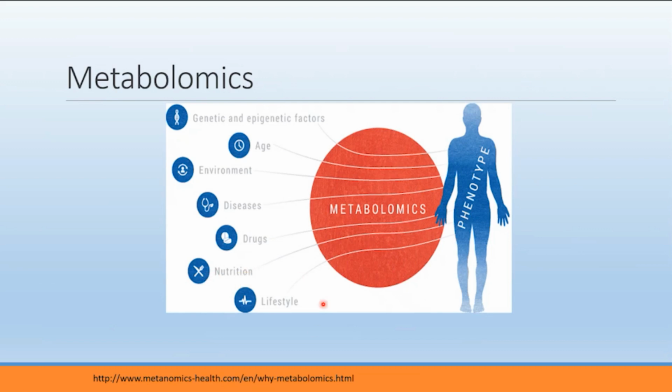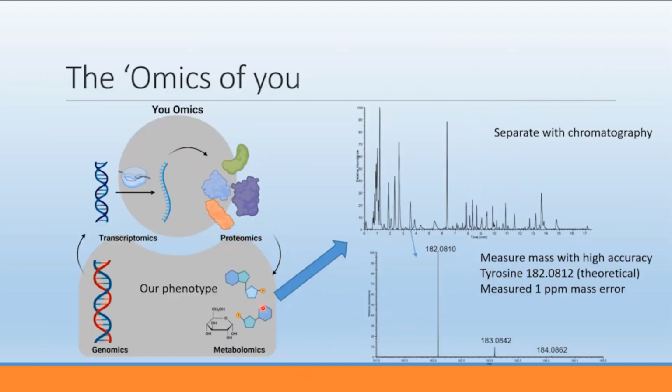And then exercise induced changes or sleep lifestyle, all those factors will affect what kind of metabolites you might measure, as well as when you take a sample, whether you take a sample at night or in the morning, that might have an effect on what metabolites you would see. So we are very diverse, both in who we are as individuals, but also in the metabolites which we measure within our body.